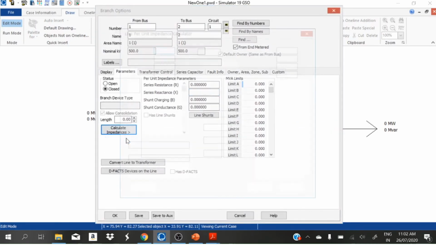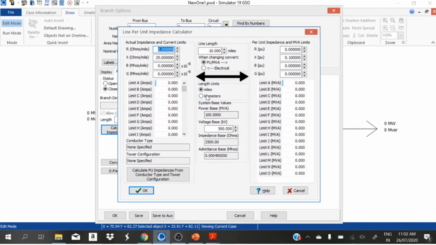Calculate impedance. Here the line length is 300 kilometer. Reactance 0.34. Shunt admittance 4.5.